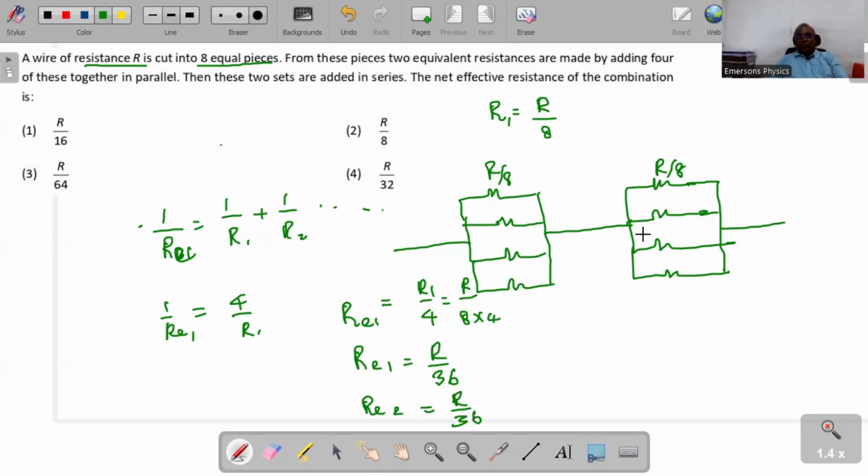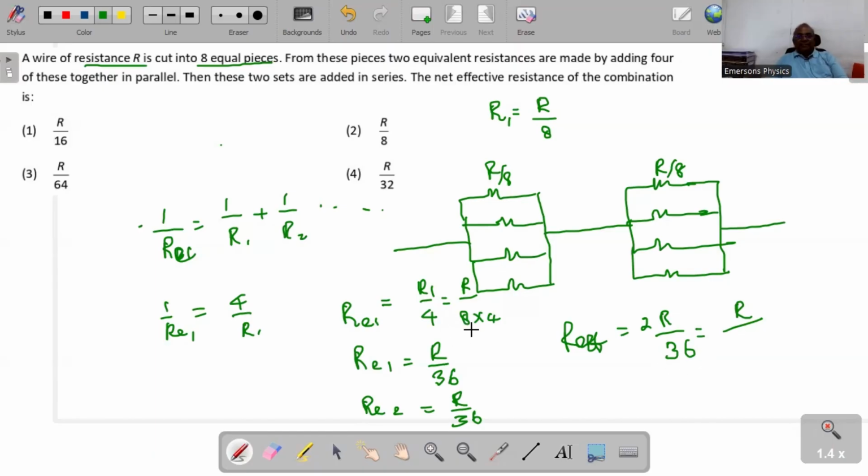So these two are in series, no? So the effective resistance will be equal to these two added, R by 32 plus R by 32, 2R by 32. Okay. Which is equal to, on cancelling, R by 16.